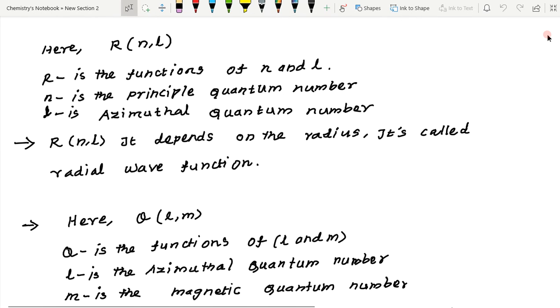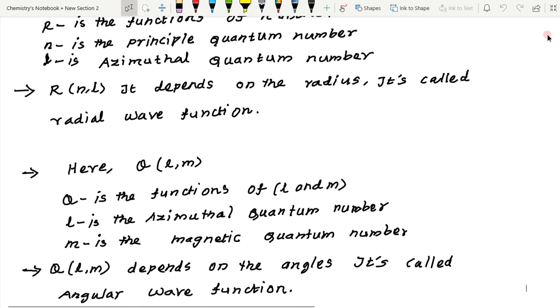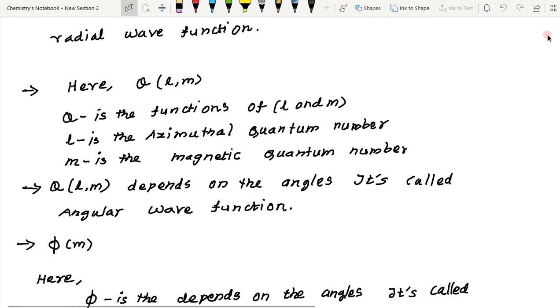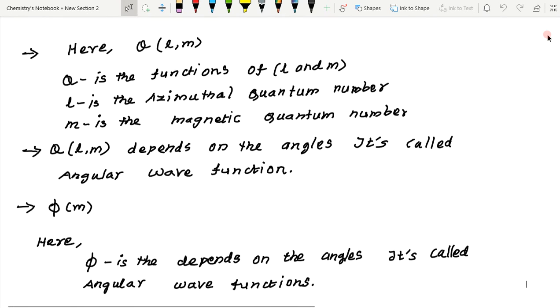Next, R n l depends on the radius, so it is called the radial wave function. Here theta l m is a function of l and m. l is the azimuthal quantum number, m is the magnetic quantum number.